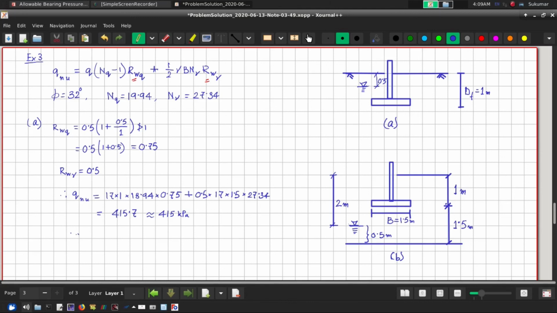And therefore Q net safe bearing capacity will be this value divided by factor of safety. So 415 by 3, this will be how much? 100 plus 100 by 3 is 33, so 133 plus 5, so 138.